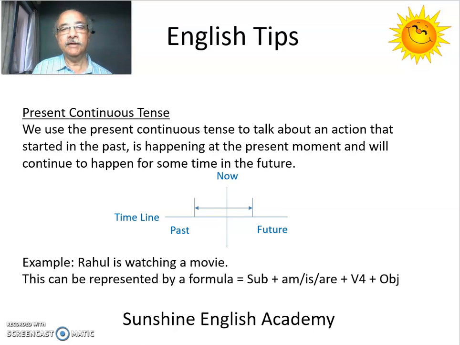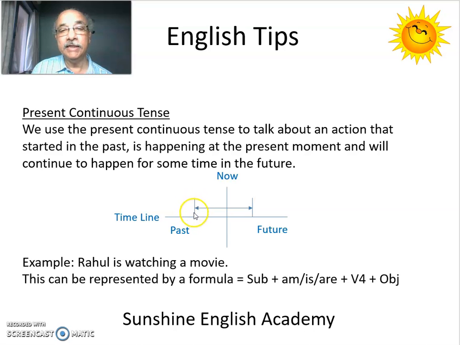Let us look at another example and the diagram. So our example is Rahul is watching a movie. It means he is watching the movie right now. But the action started sometime in the past, not just now.